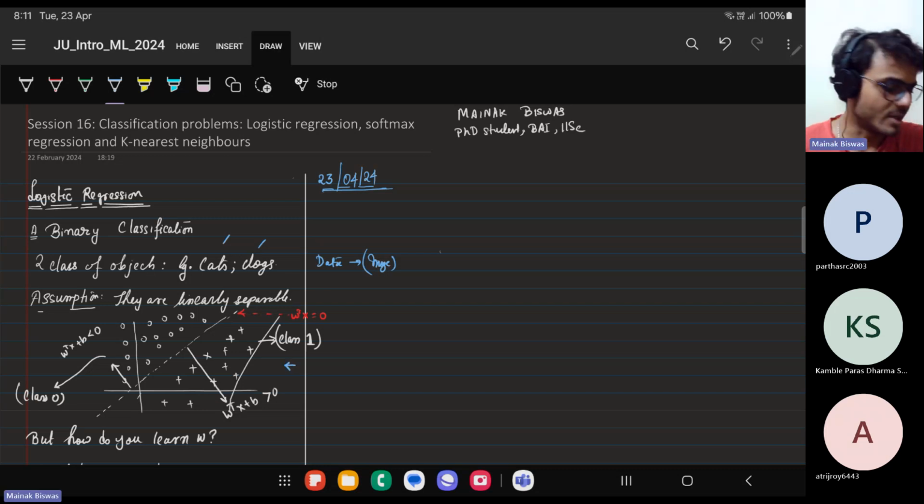So if I give you this picture and you see there are circles, that is say class 1, these are dogs, for example. So these are cats and these are dogs. So we want to pass a decision boundary, as we had seen in the example that I told you to solve.